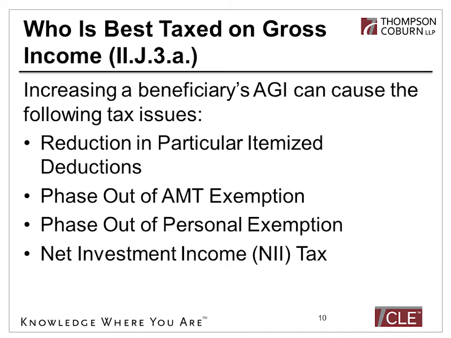Additional issues caused by increasing beneficiaries' income are the following. Some itemized deductions are reduced. For example, the medical deduction is reduced by 10% of a person's adjusted gross income. Miscellaneous itemized deductions like tax preparation fees and investment advisory fees are reduced by 2% of the adjusted gross income.